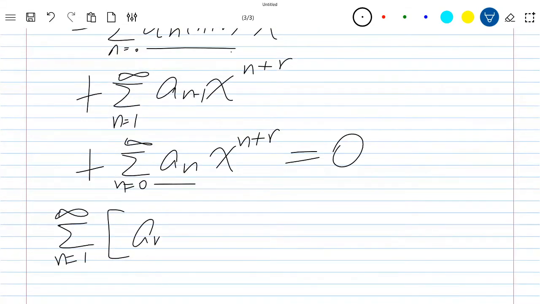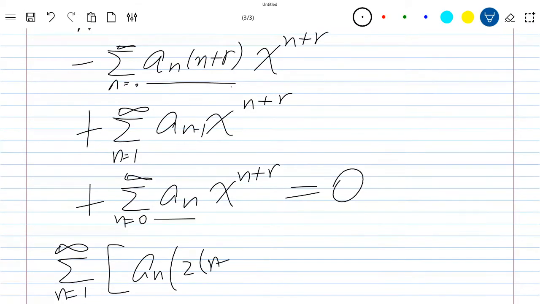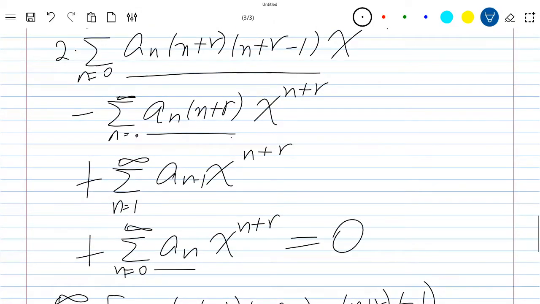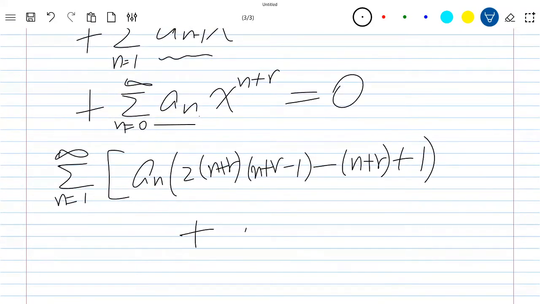You have an times 2 n plus r minus 1 minus n plus r plus 1, right? That takes care of term 1, term 2, term 3. Then the last term is this, plus an minus 1.